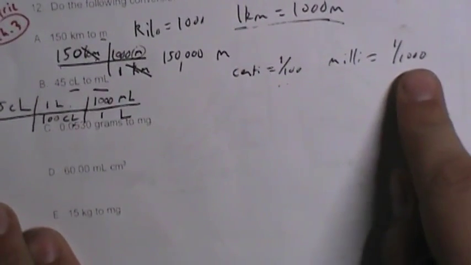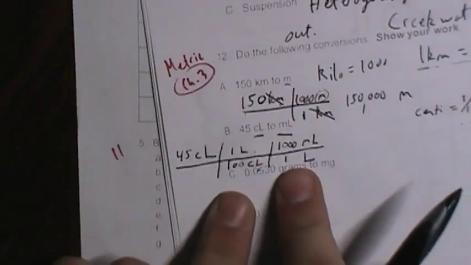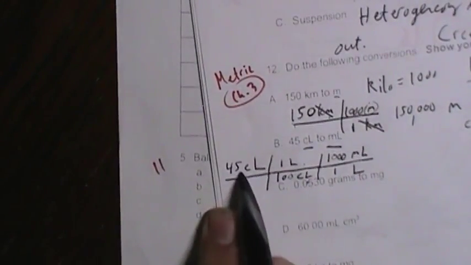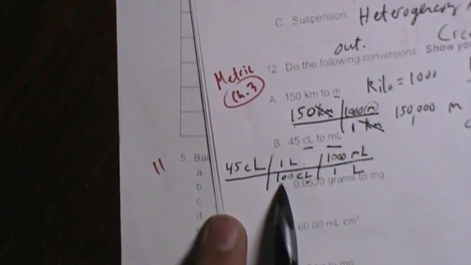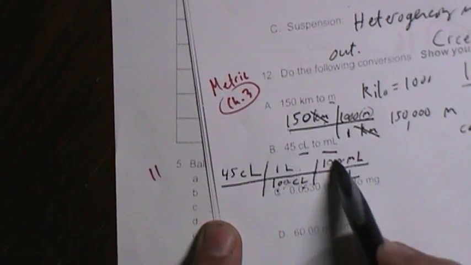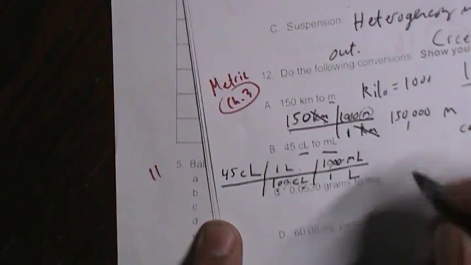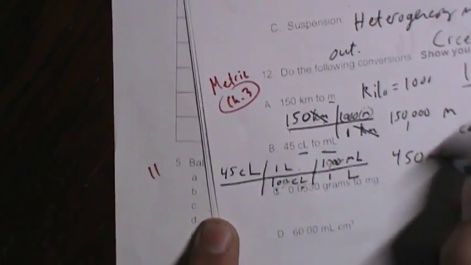Therefore, 1 liter is 1,000 milliliters. I'm just flipping the fraction. So now I'm left with 45 times 1,000 divided by 100. I could just recognize that these zeros are going to cancel out these two zeros and just multiply by 10, and we'll get 450 milliliters.